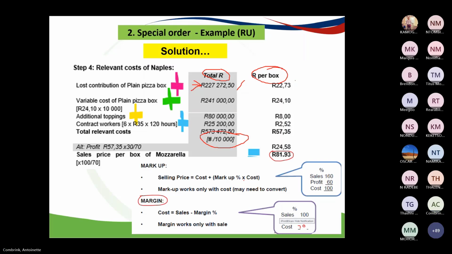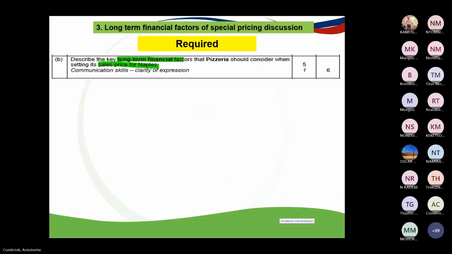Okay. I'm going to continue with part B. I'm just quickly going to run through this question. Describe the key long-term financial factors that the pizzeria should consider when setting its sales price.